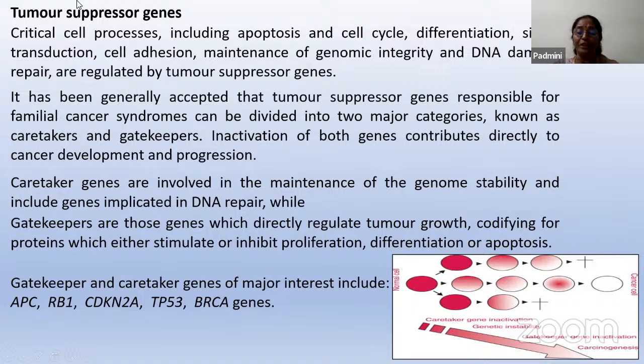So these are the important genes that we'll be talking about under caretakers and gatekeepers. You will be asked to talk about RB1 and TP53 because these are the two major tumor suppressor genes other than APC, CDKN2A, and BRCA.